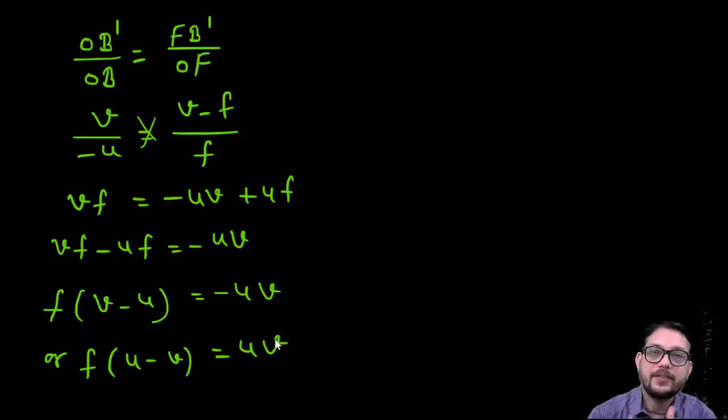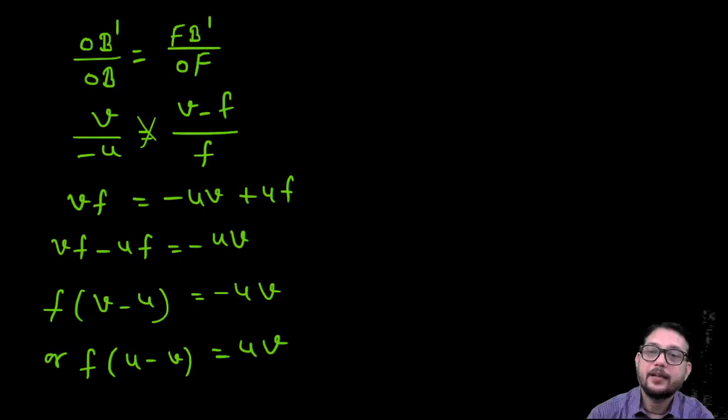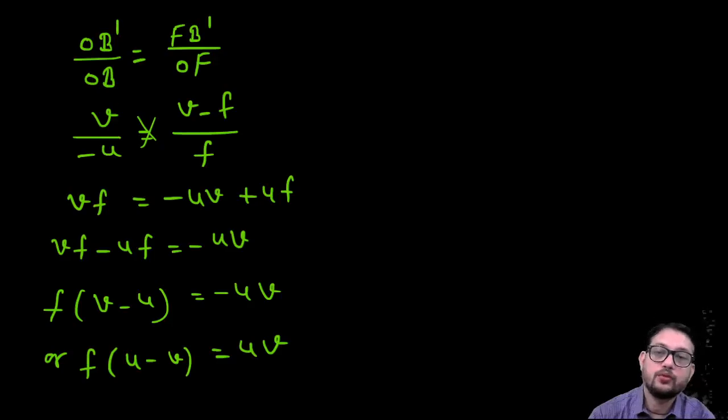It means we have taken the negative as common and cancelled it out. So V minus U becomes U minus V, so that minus can be easily cancelled out. I hope and I believe that this step is clear to all of you. Now we have the result F times U minus V equal to UV.